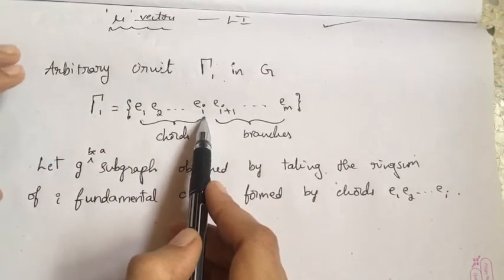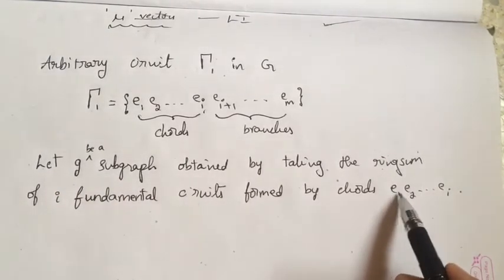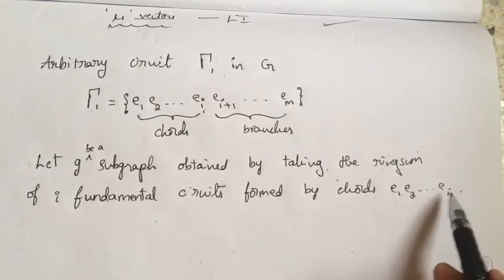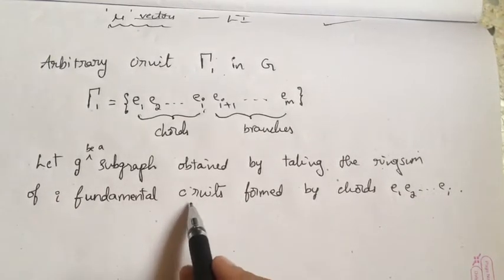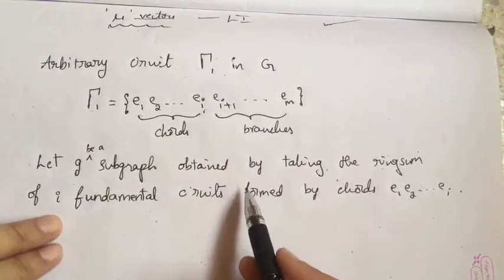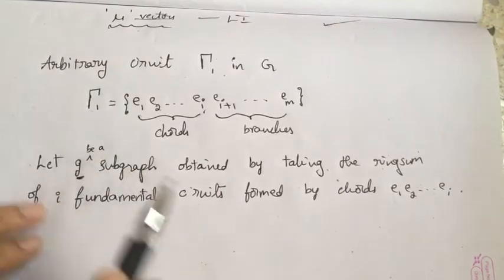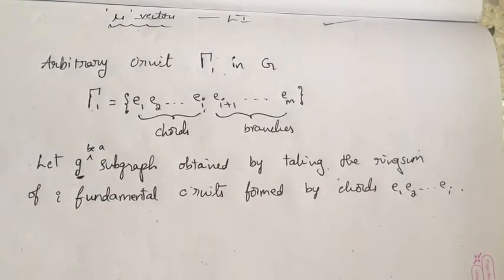Now what I do is I'll define one more subgraph in such a way that each time adding these chords E1, E2, EI, I'm getting a fundamental circuit, and I'm taking the ring sum of all those I fundamental circuits, and I'm calling that graph G, which is a subgraph of G in fact.